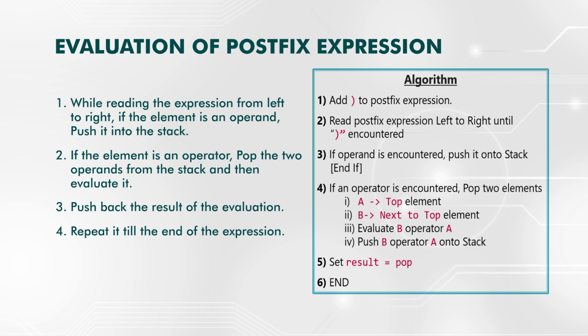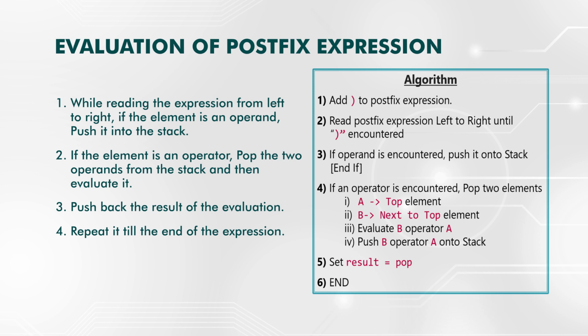Okay. Then finally, the variable result will be equal to the popped element, that is, the single element which is left in the stack will be popped out and put into the result.